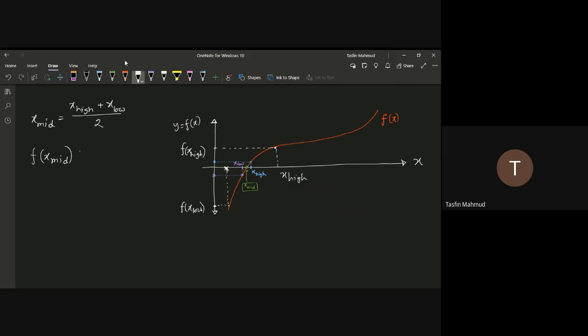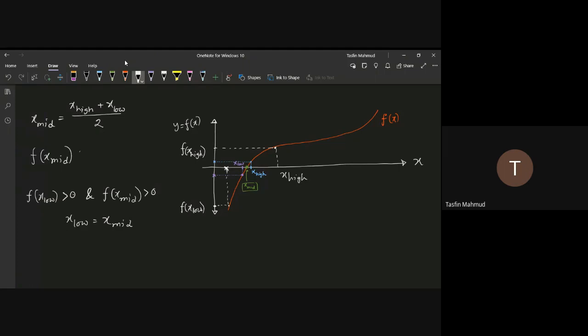So let's assume this f of x low is positive, and this f of x mid is positive as well, then we will update this x low as the x mid, right?